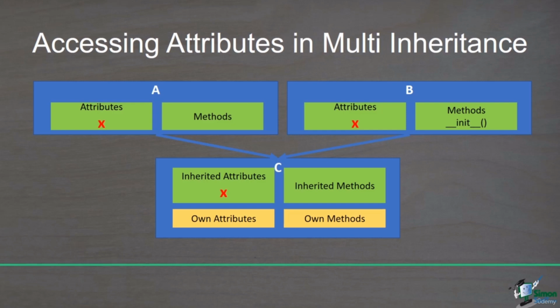But the question here is what the value of X is for the C object. In this video, I will show you how attributes are accessed in multi-inheritance. The process is the same, so this is a short video to just show you what happens in this situation. So let's get started and jump into code.